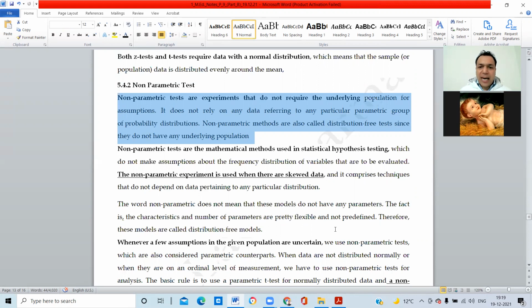Non-parametric methods are also called distribution free tests, since they don't have any underlying population. In simple terms, I want to explain this in simple language with the help of one example.